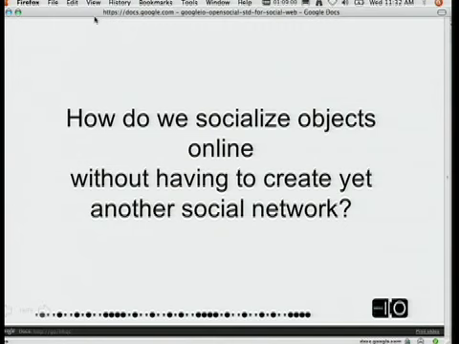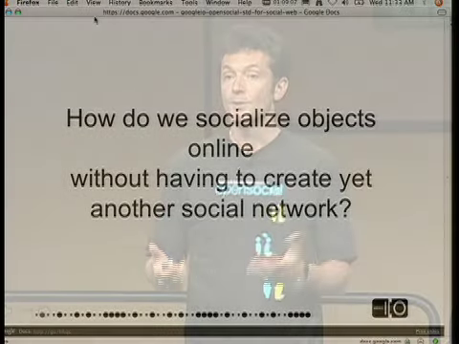5 years ago, it was very easy to create a whole new social network to socialize one object like Flickr did. But today, many people are just managing their list of friends, what we call the social graph, in one or more social networks. Who among you are part of at least one social network?